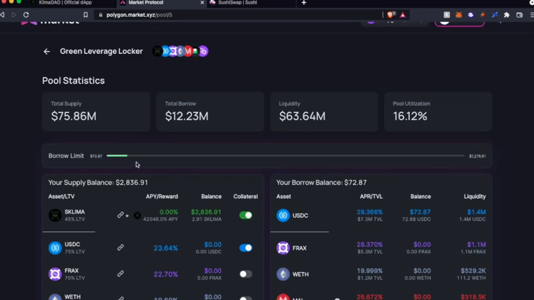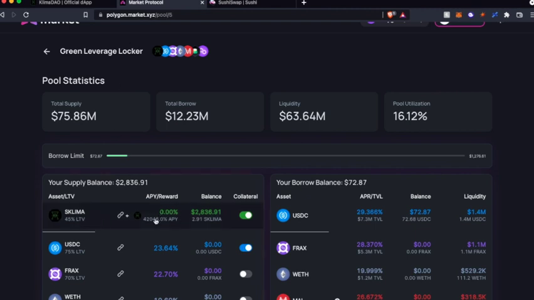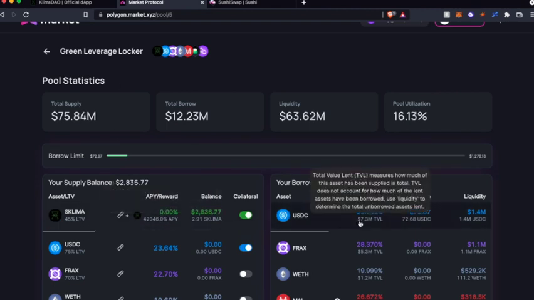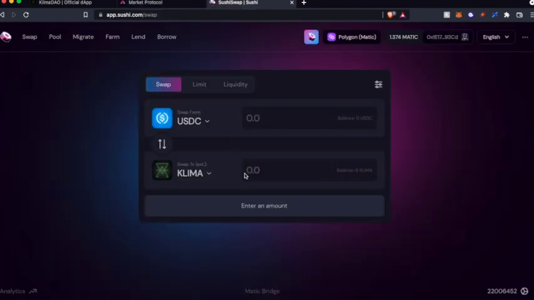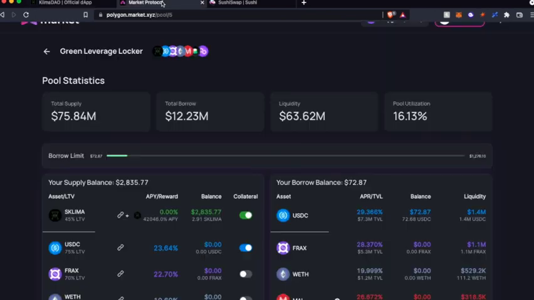Okay, so just to recap, I first staked my Klima, took my sKlima, provided collateral here, took a loan against it, went to SushiSwap, swapped it for Klima, went back to Klima, staked it here, then came back and added the collateral.